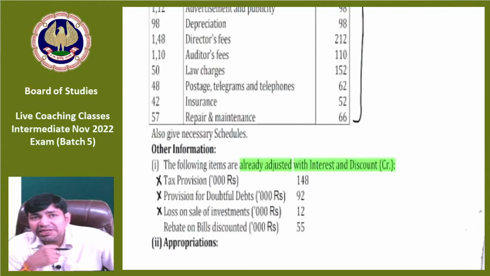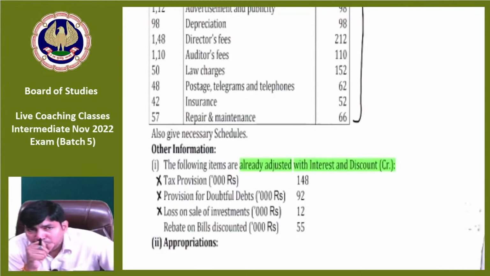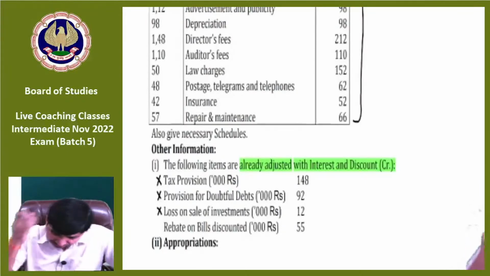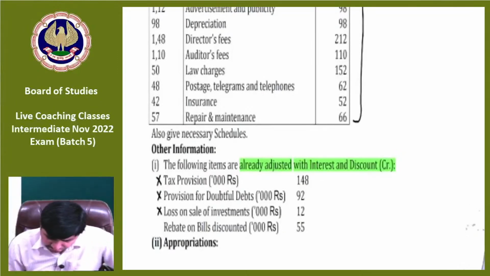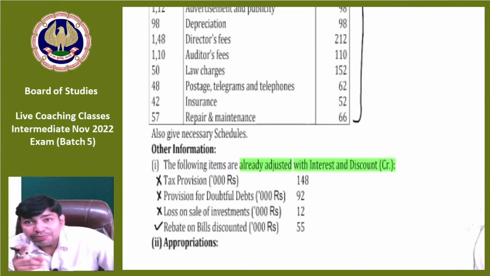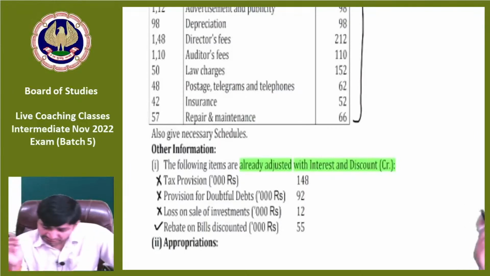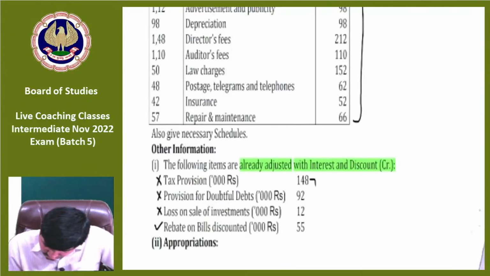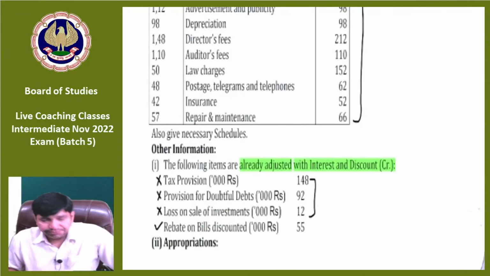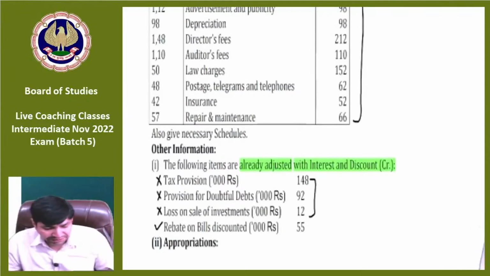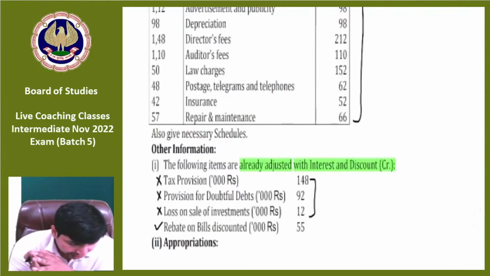It means these three have been reduced from there. Rebate has also been reduced, but yes, this should be reduced. Why? Because in case of BR discounted, closing rebate is reduced from there. It means this should not be reduced from there. How these should be shown is a different thing. Those are not to be shown here.